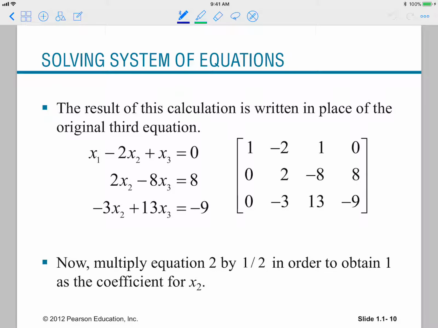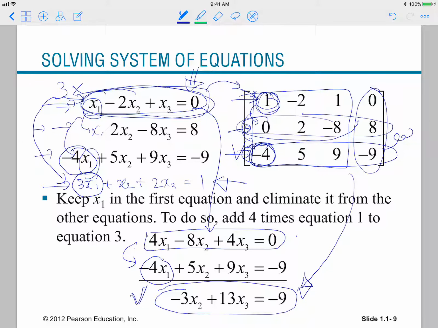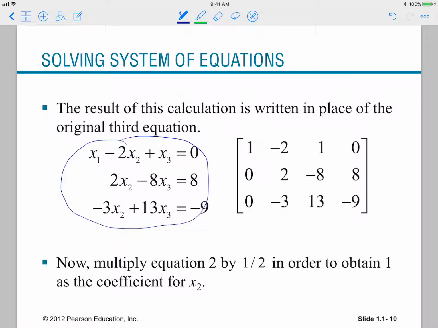Okay, and then let's think about these equations after removing this part. Okay, and then we can think of the corresponding augmented matrix, which now has the new third equation that has 0 and -3 and 13 and -9. Okay, and then in this rectangle, or this two-dimensional array of numbers, we can view this process as using this value.